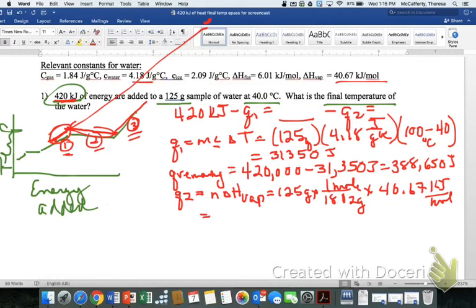So the energy needed to boil that amount of water is 282,117 joules.